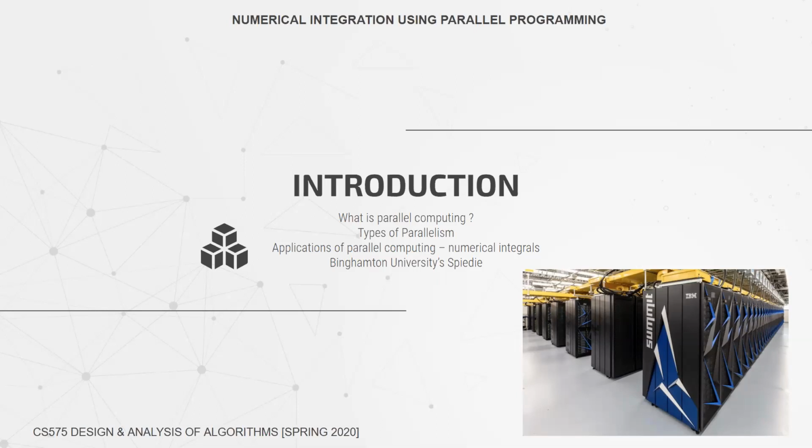To get into more detail, Summit, or OLCF-4, is a supercomputer used by the Oak Ridge National Laboratory, and it was considered the fastest computer in 2019, capable of 200 petaflops. And Binghamton University also has its own supercomputer, which is called Spiedie.